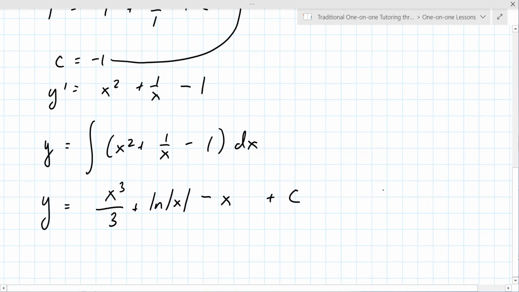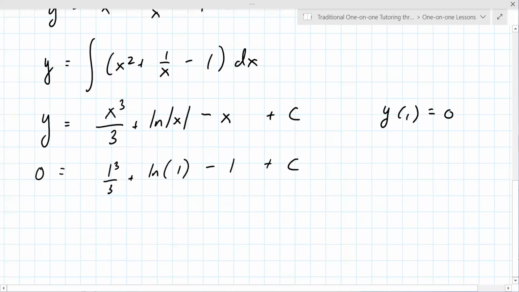And then you use your next initial condition, y of 1 equals 0. So 0 equals 1 cubed over 3 plus natural log of 1 minus 1 plus c. Natural log of 1 is 0. This is 1/3. This is -1, or you can think of it as 3 over 3 minus, so it's minus 2/3. So c ends up equaling 2/3.